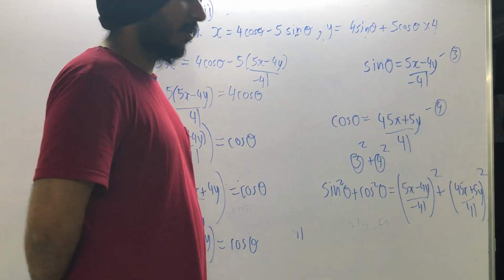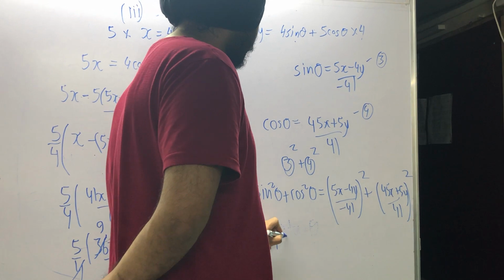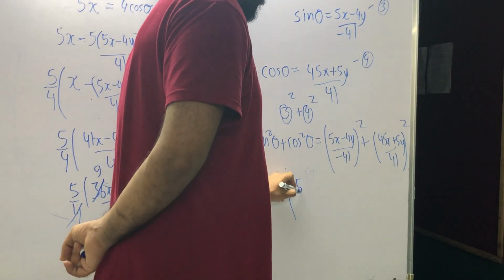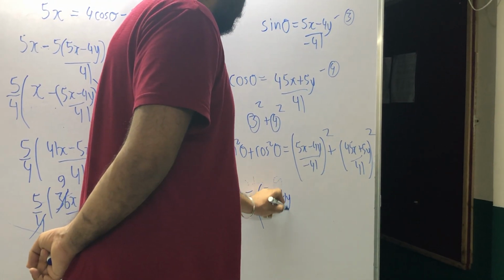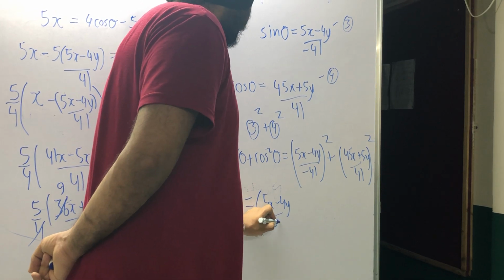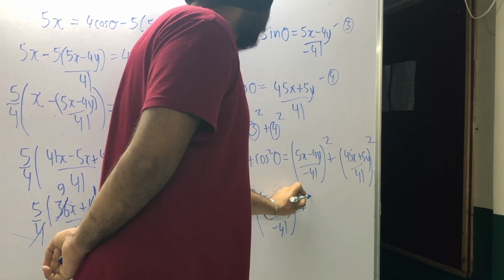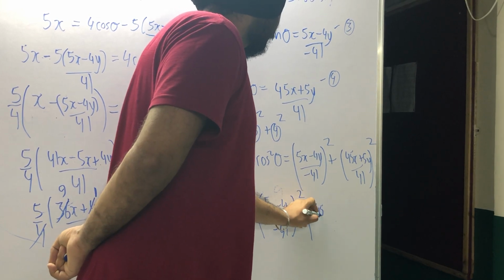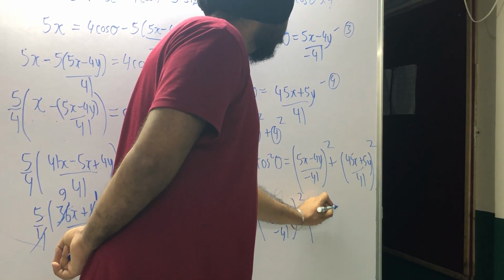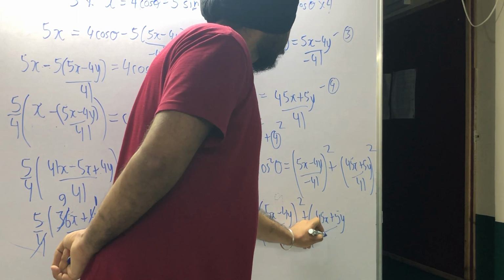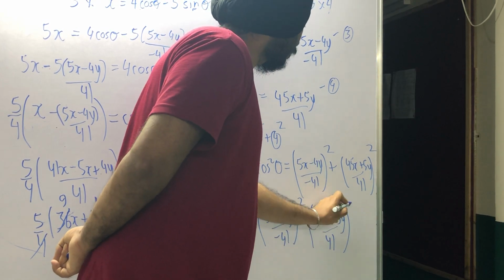Sin square theta plus cos square theta is 1. So 1 is equal to (5x minus 4y) upon minus 41 whole square, plus (45x plus 5y) upon 41 whole square.